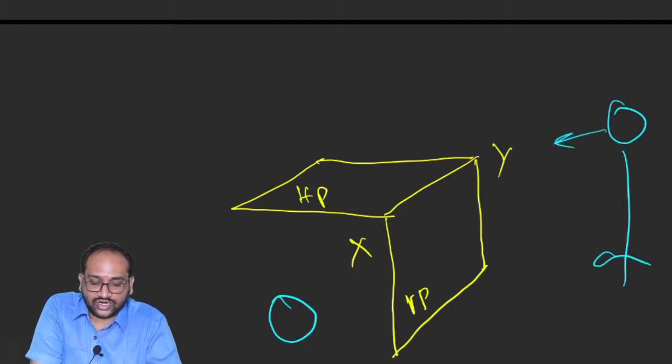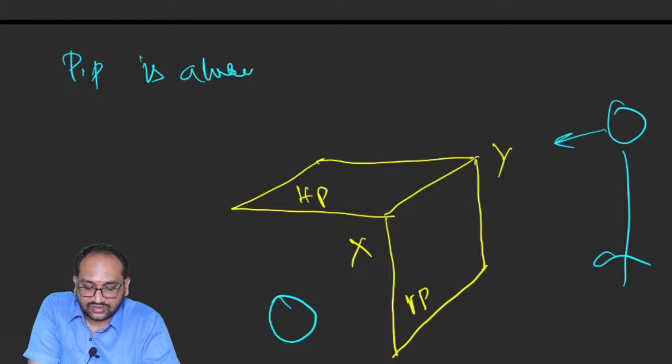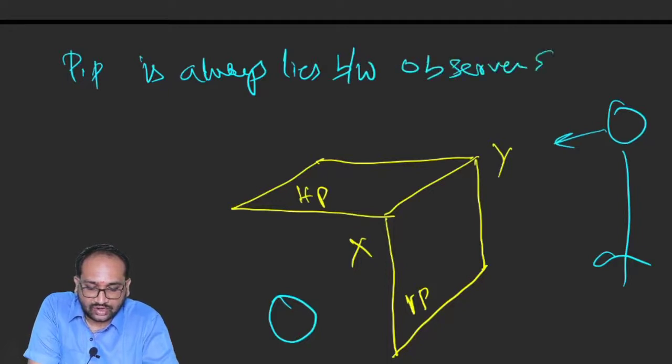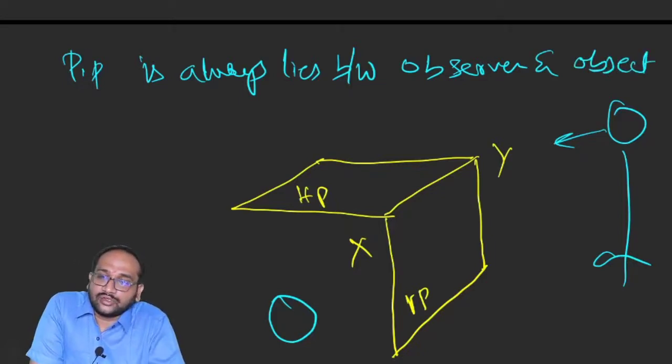Third angle projection principle: plane of projection always lies between observer and object. This is the principle of third angle projection.